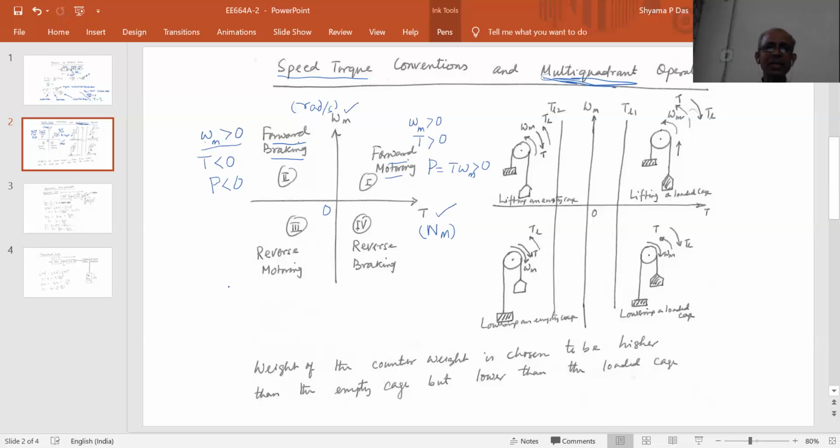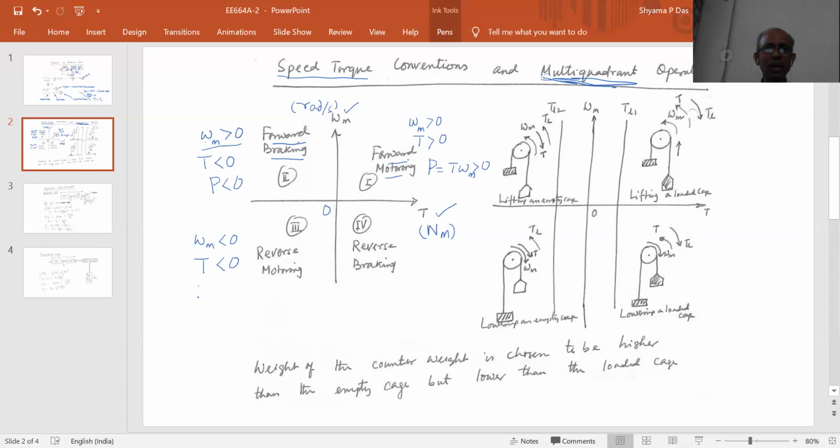Then in reverse motoring, we have the opposite of what we have in forward motoring. Let's say we are in the third quadrant here, and the speed is negative, because we are down below. Torque is also negative. Both the speed and the torque are negative.